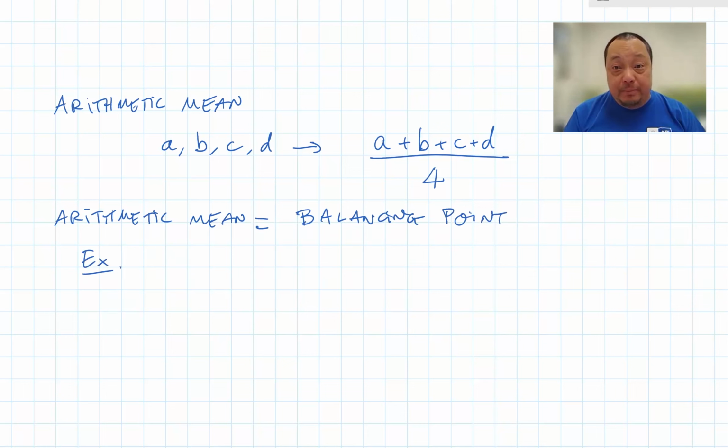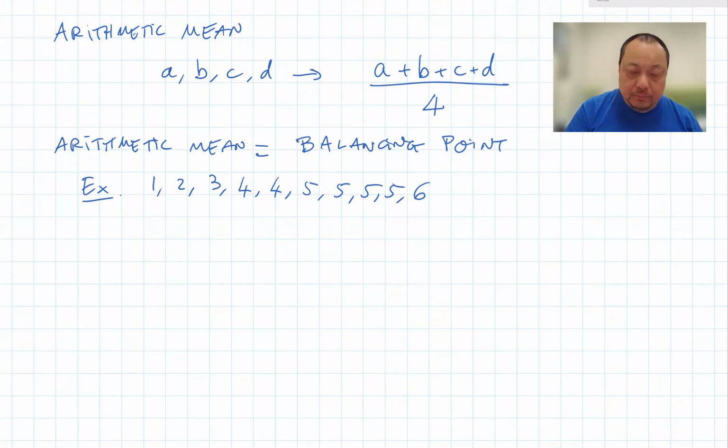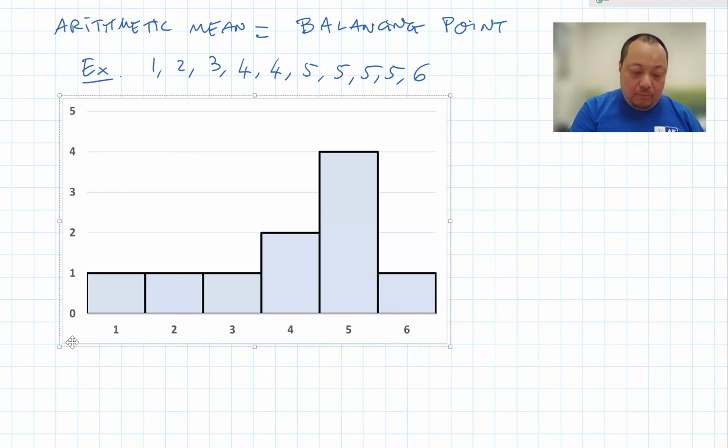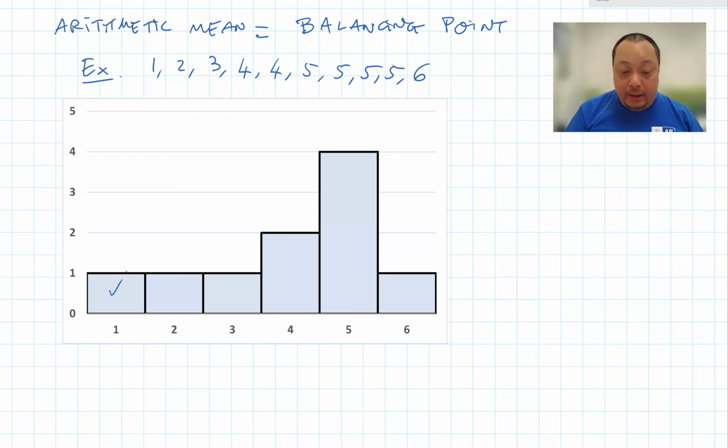Let me show you an example. Let's say that we have these numbers. If I put all of these numbers on the number line, I'll get a graph like this. I have a 1, I have a 2, I have a 3, I have a 4 and another 4, a 5, a 5, a 5, a 5, 4 of them, and a 6.